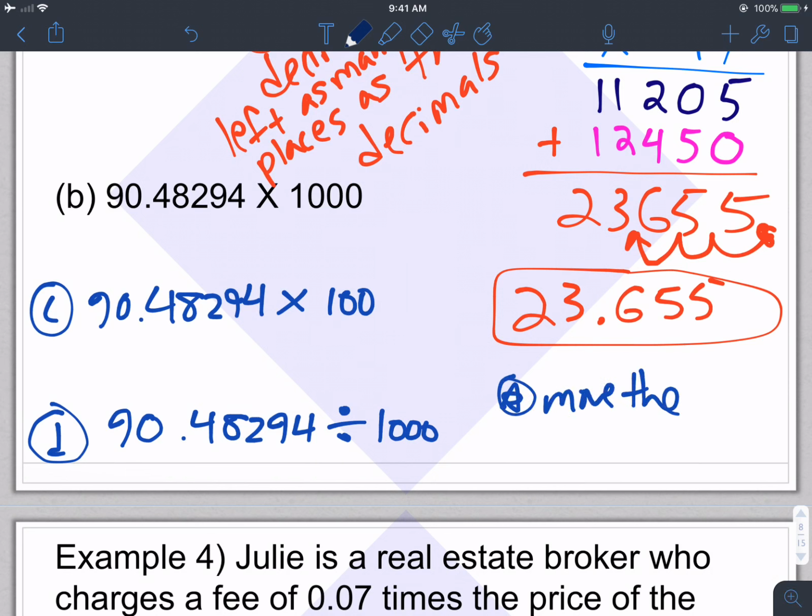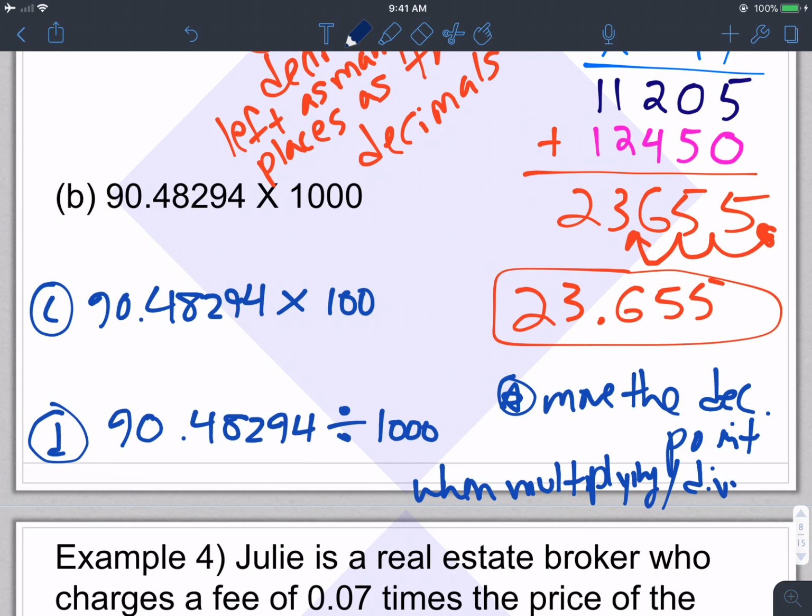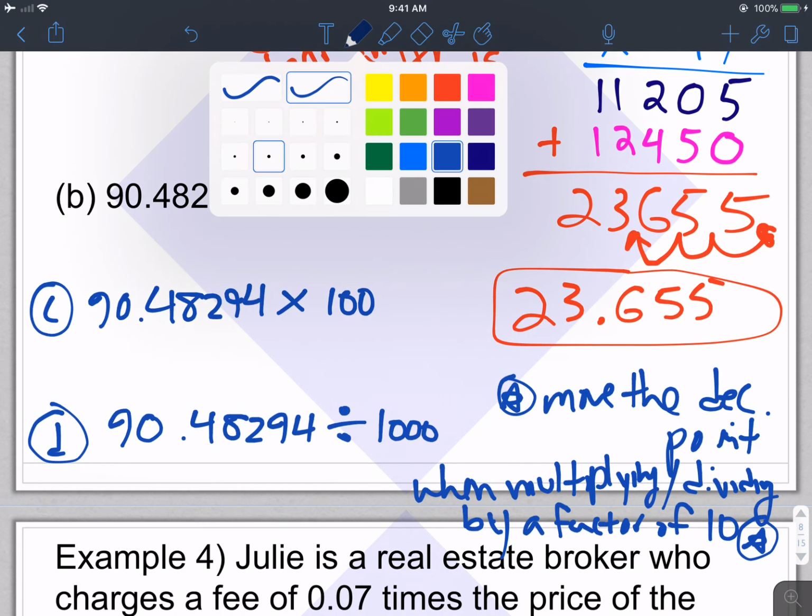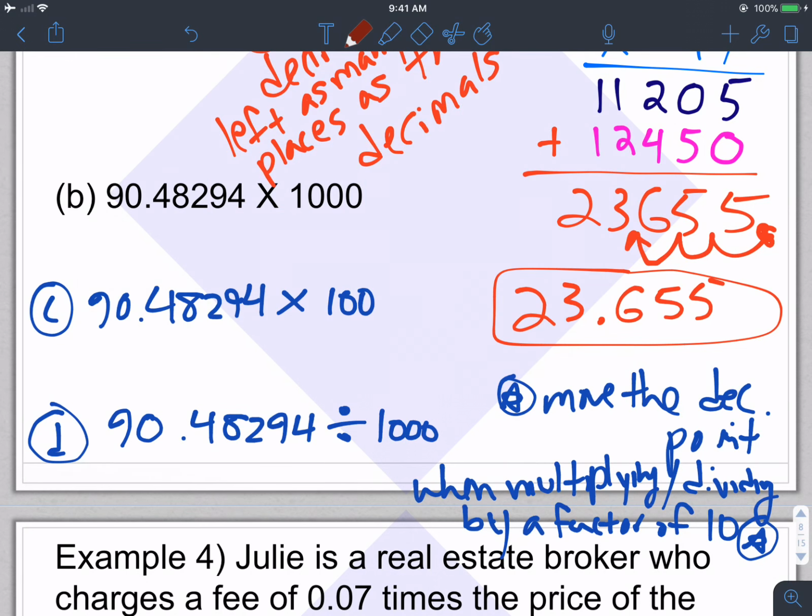Quick way to look at it when multiplying or dividing by a factor of 10. Probably best with an example, right?